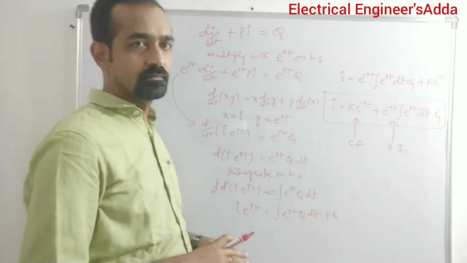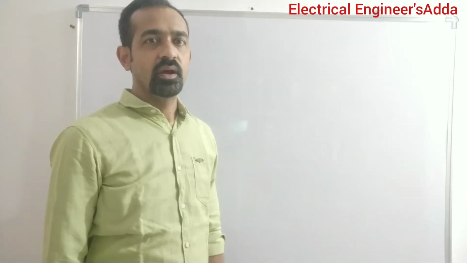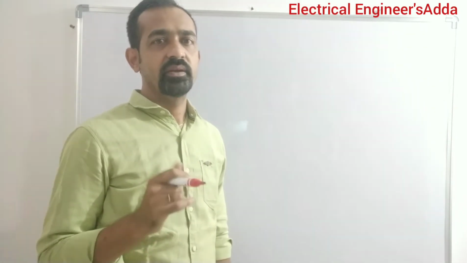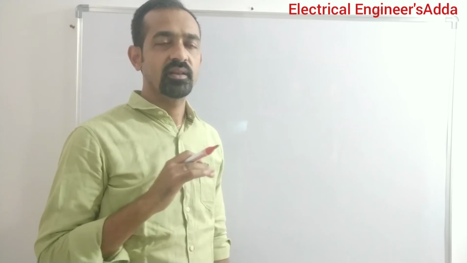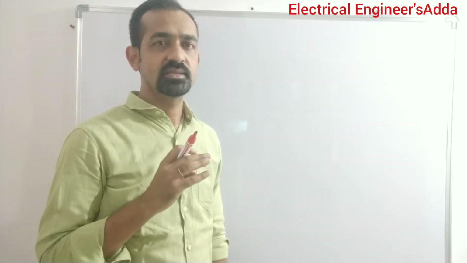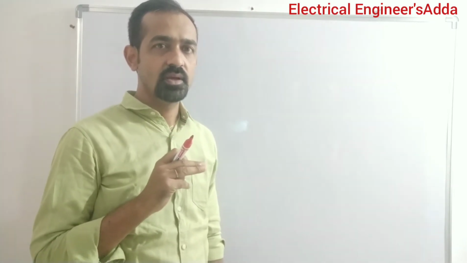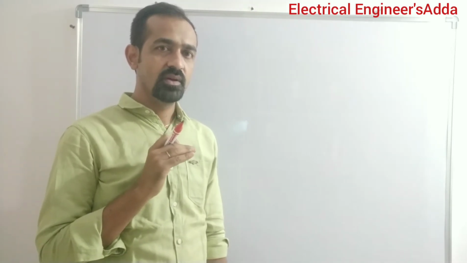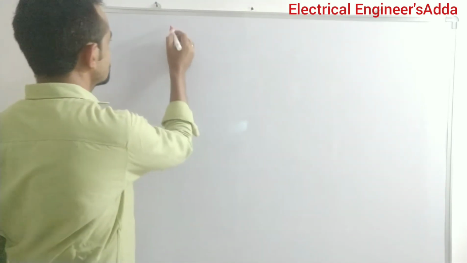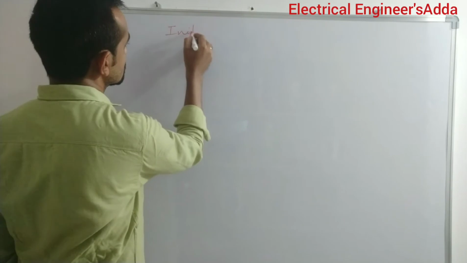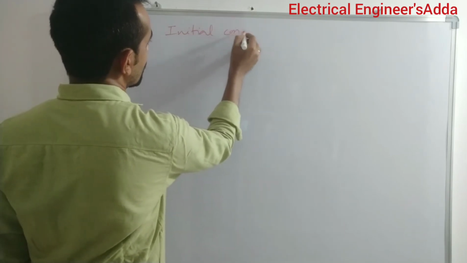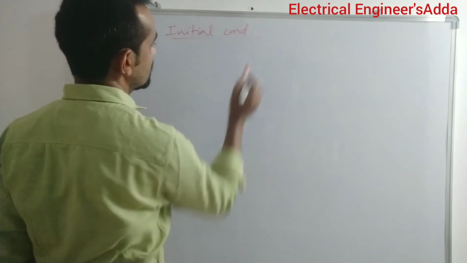Okay, next we will see what are the initial conditions of different network elements. Okay, what are the different network elements? Resistance, inductance and capacitance. What are the initial conditions of those elements? Initial conditions.